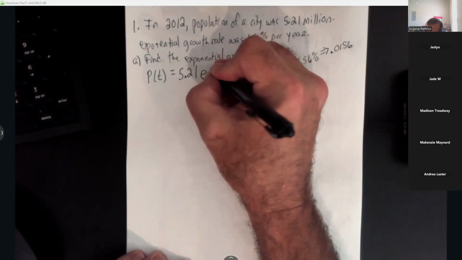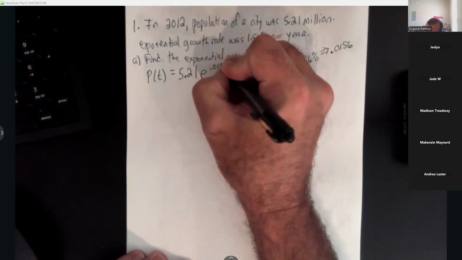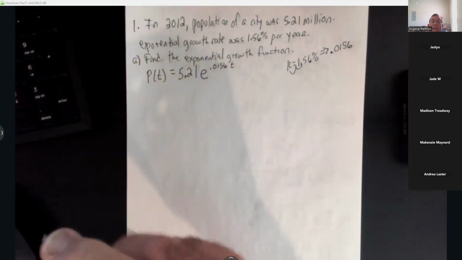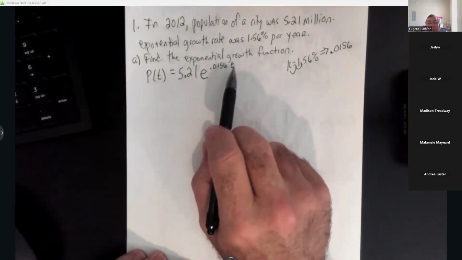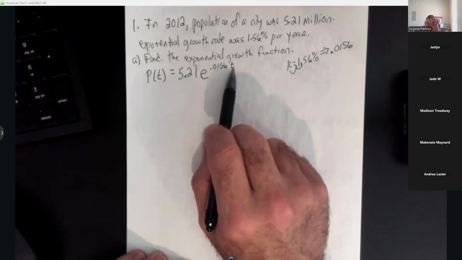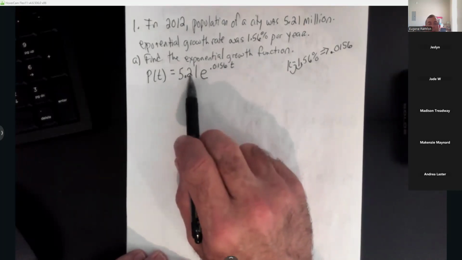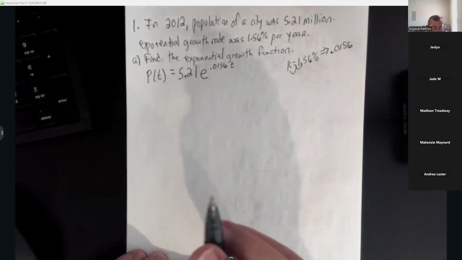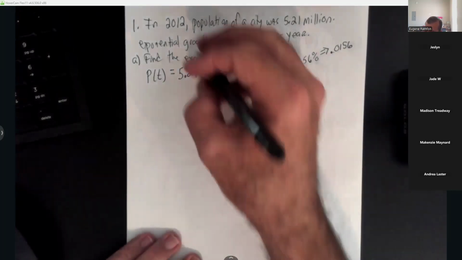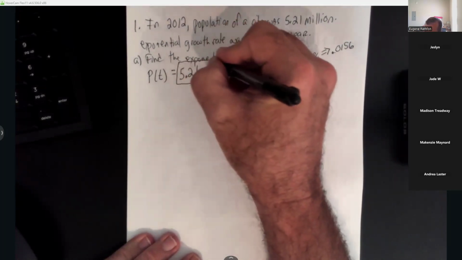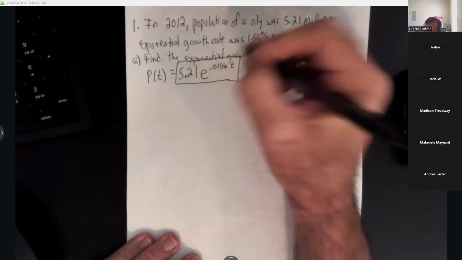So that'll be 0.0156 times t. If I knew how many years passed, I could plug that in for t, work this formula, and get my population. But y'all, for this one, all MyMathLab wanted was for us to figure out what formula we would use.